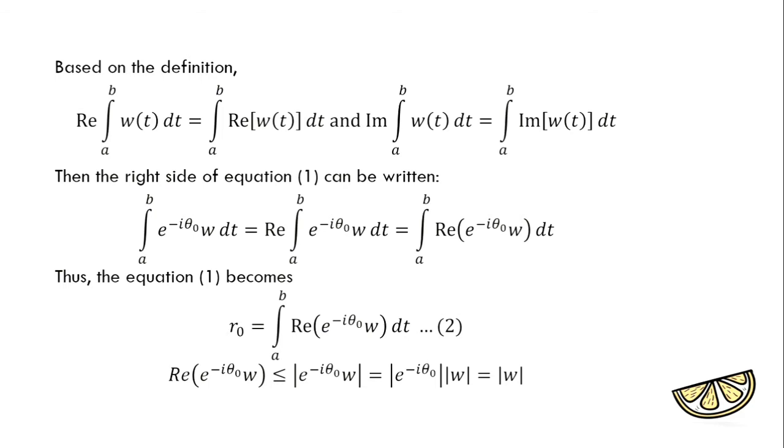Thus, equation 1 becomes r0 equals the integral of the real part of e^{-iθ0} w dt from a to b.